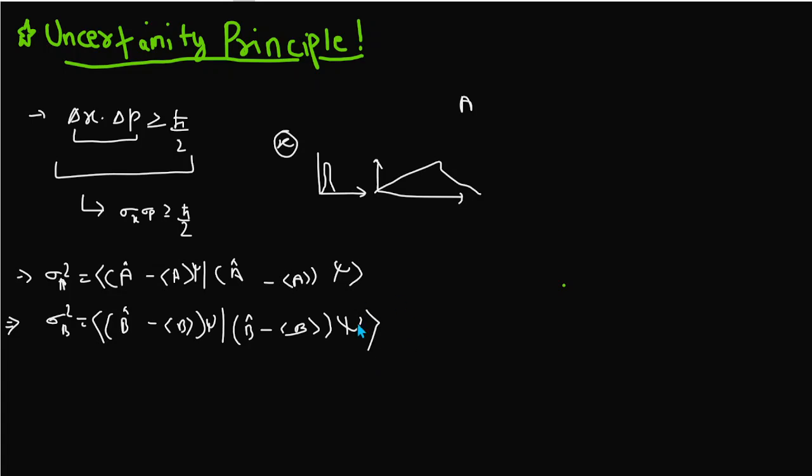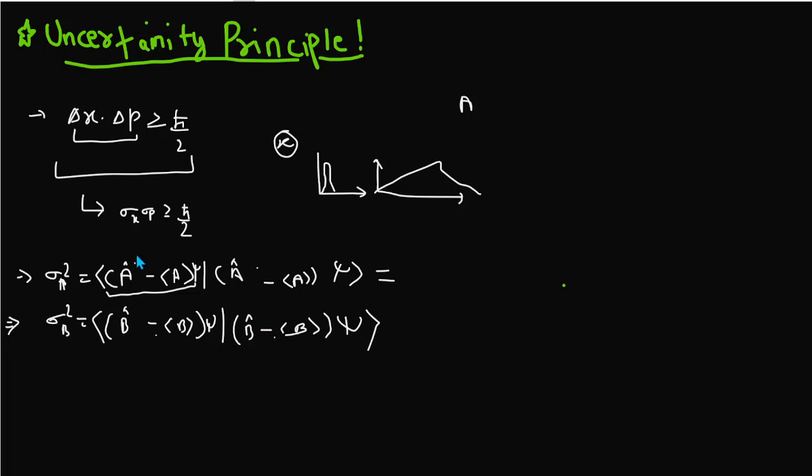And if you see carefully, what I have written here in the Dirac notation is like the inner product between these two particular quantities, and just like this, here also there is an inner product between this and this.